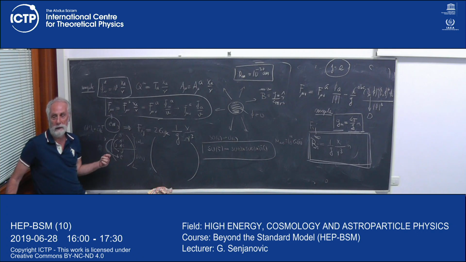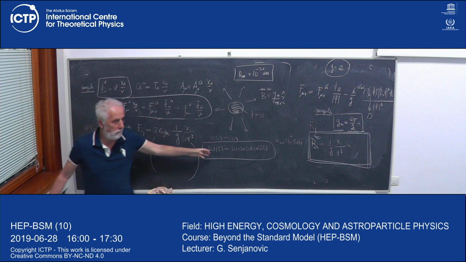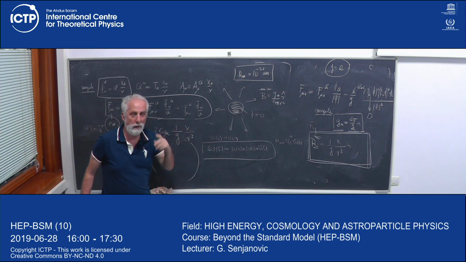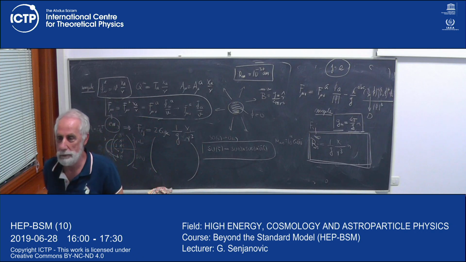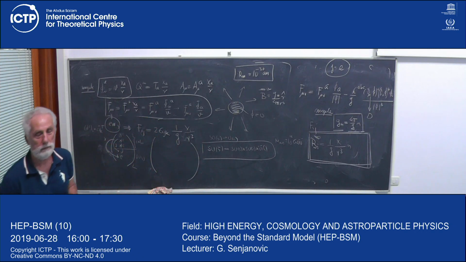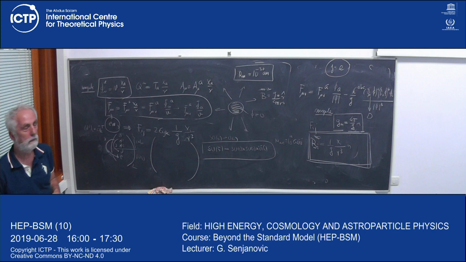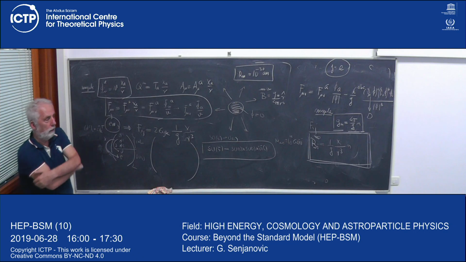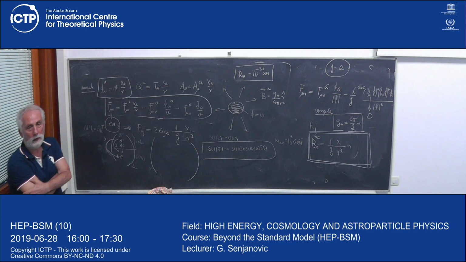If you are a singlet of SU5, you carry no interactions, okay? So the standard model is inside SU5. If you feel the standard model, you feel SU5 for sure. If we restrict ourselves to the SU2 subgroup of SU5, then right-handed components are singlets of that subgroup. Sure, you reproduce the standard model, of course.